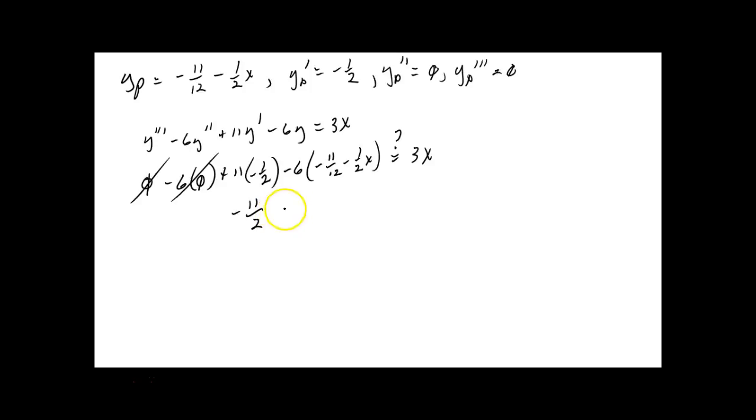Now, minus 6 times minus 11/2 will be plus 11/2. Yay! And then minus 6 times a minus 1/2 x would be positive 3x. That is indeed 3x.